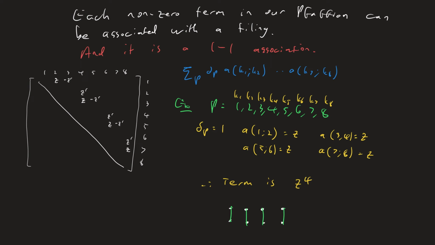Or equivalently, we can think of it as z prime to the power of 0, corresponding to 1. So 4 vertical tiles, 0 horizontal tiles, corresponding to this permutation here.